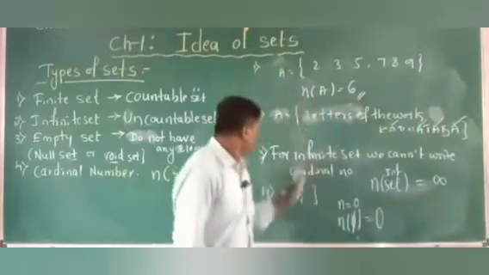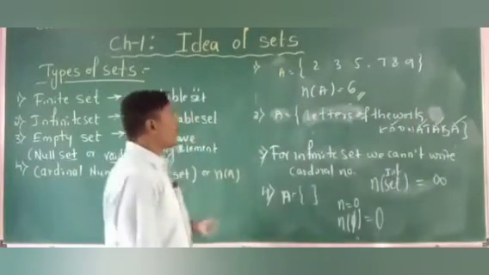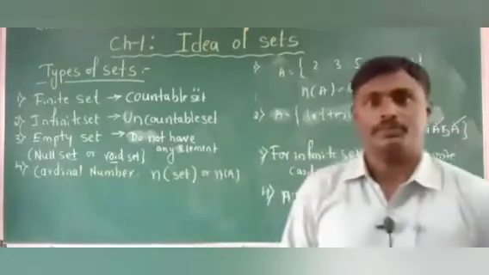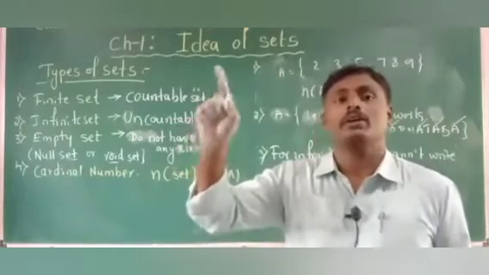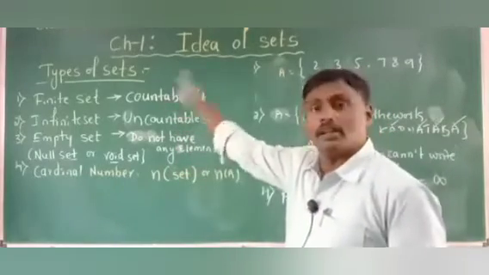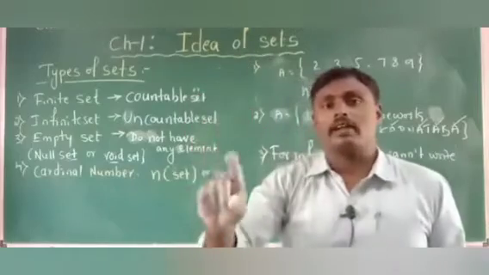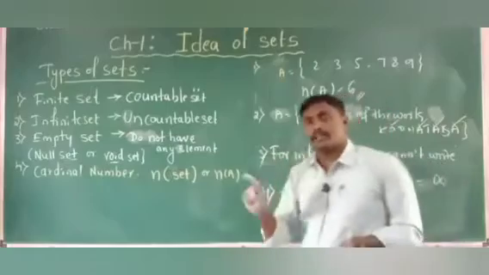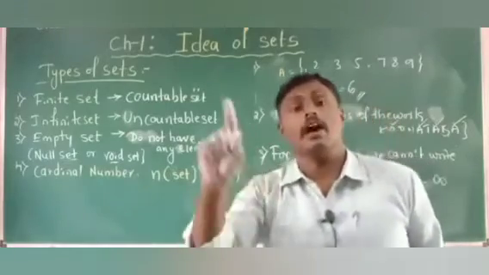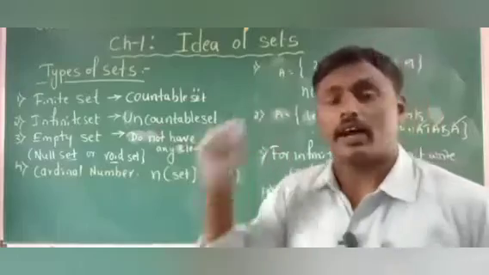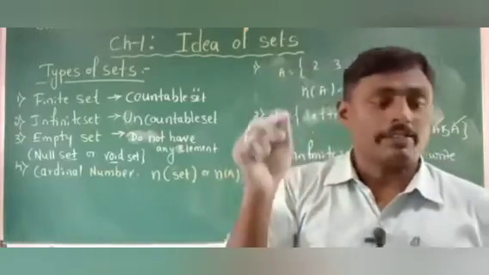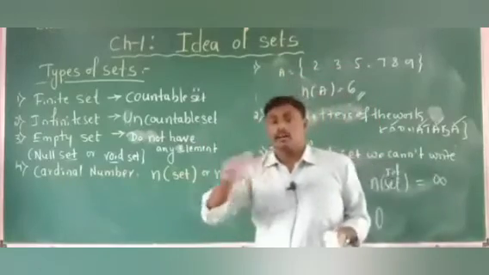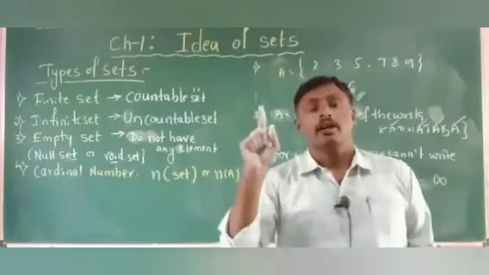So these are the four important properties related to the cardinal number. The first one is that we write a definite cardinal number for a finite set. The second one is that when writing the cardinal number, we need to represent the set in roster method or tabular method first. If some elements or members are repeated, just neglect the repeated values and take them one time only, then write the cardinal number according to the set.